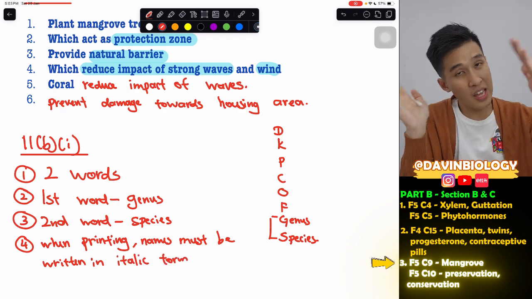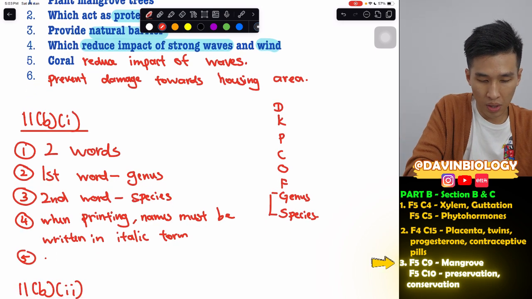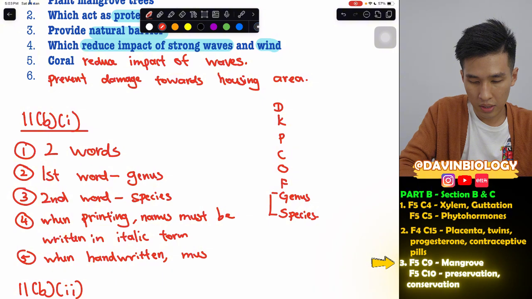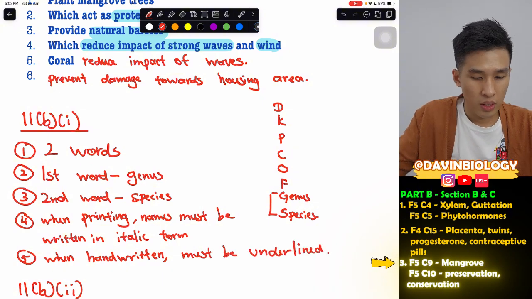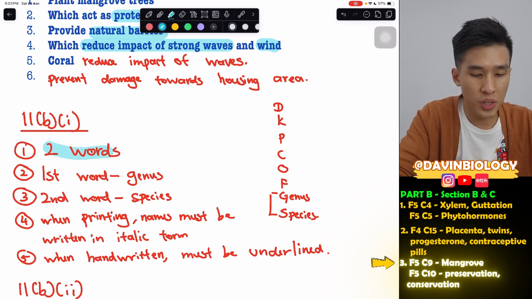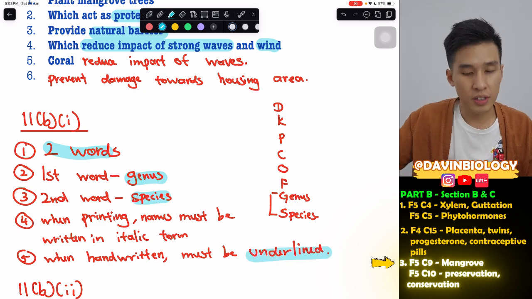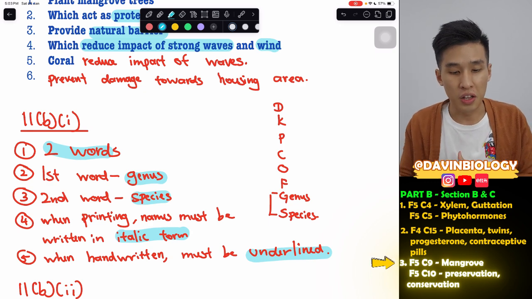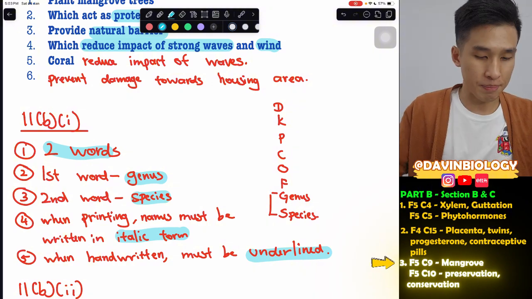Italic means slanted, but when handwritten, it must be underlined. Yeah, but the easiest thing is basically two words, first word genus, second word species. When writing by hand, underline, printed form, italic. And then you also can say the first letter must be capital, the second word starts with small letter. Also can.